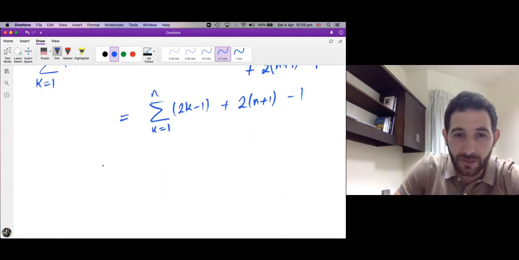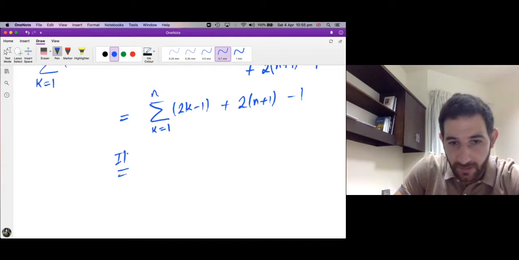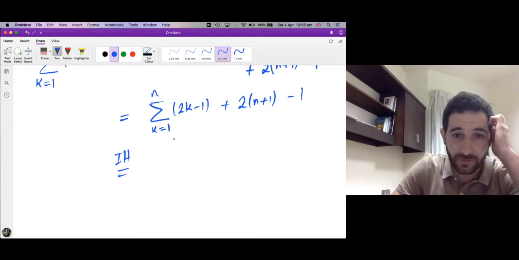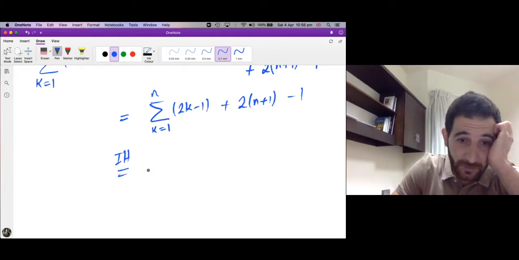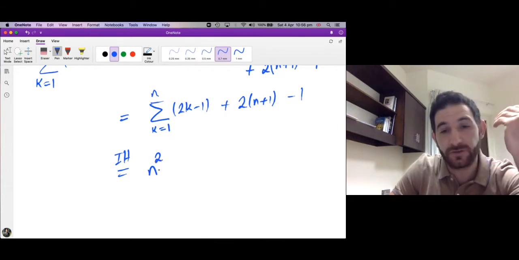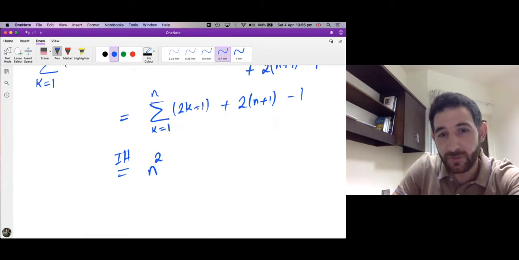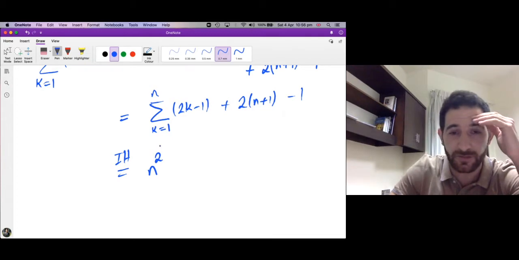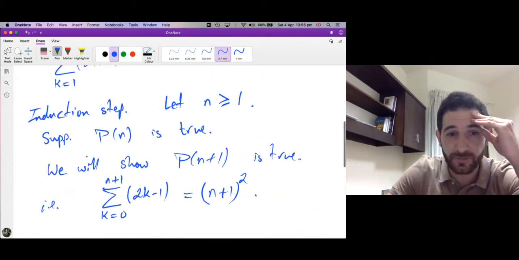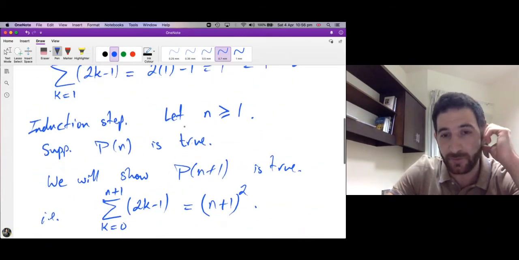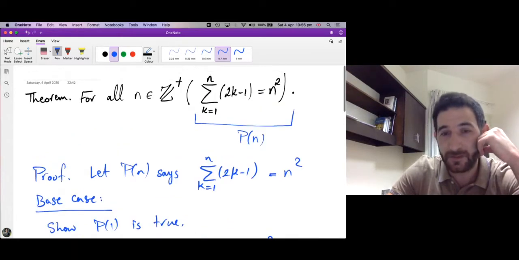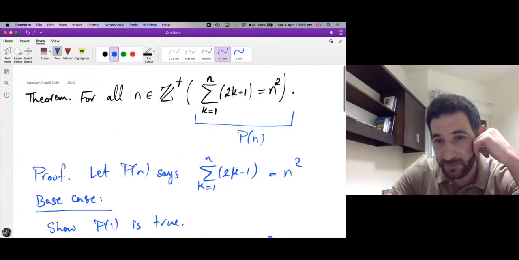Now by the induction hypothesis, IH, we know that this is equal to n squared, because the summation of 2k minus 1 from 1 to n is equal to n squared. This is because we suppose that P of n is true. And what is P of n? That the summation from 1 to n of these numbers is n squared.